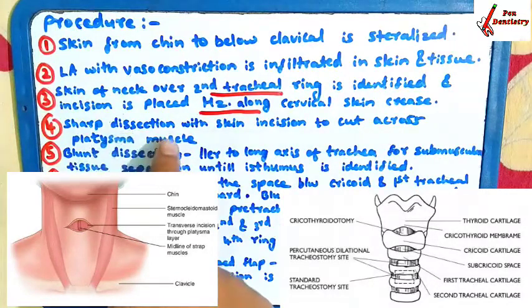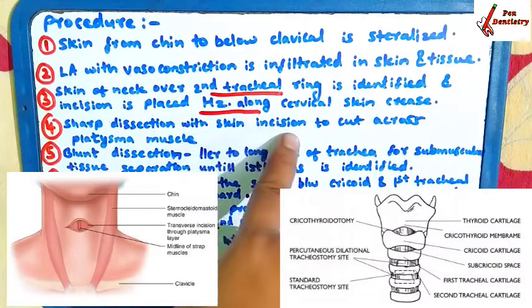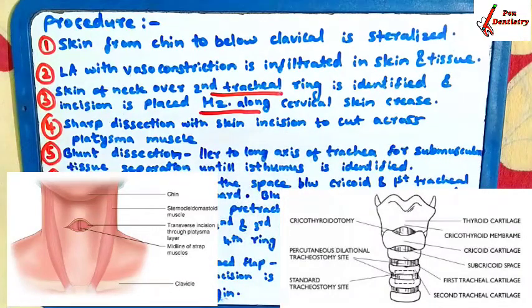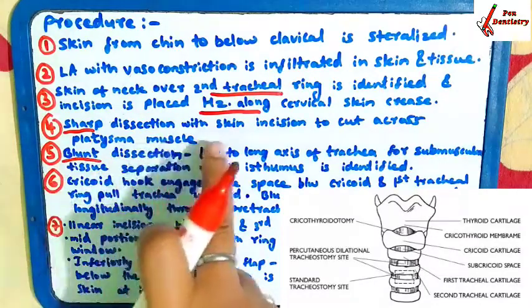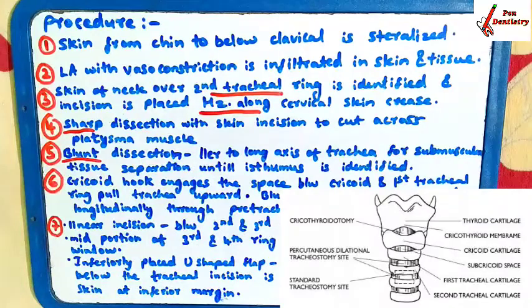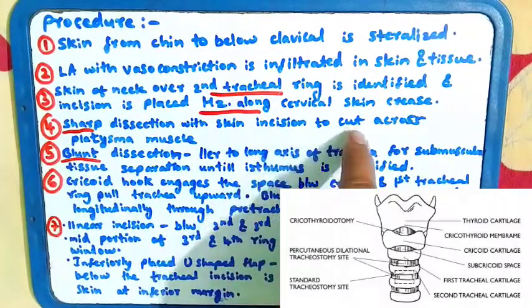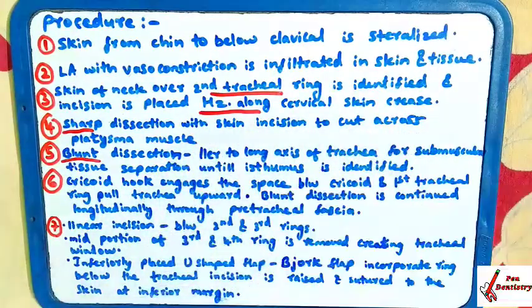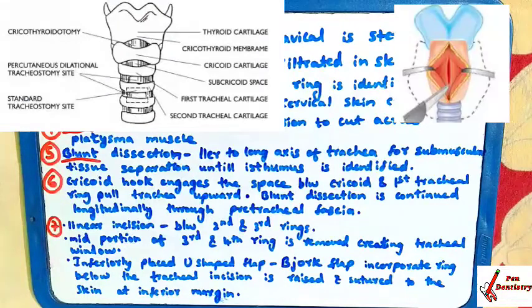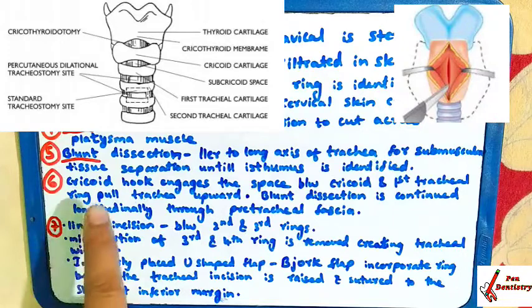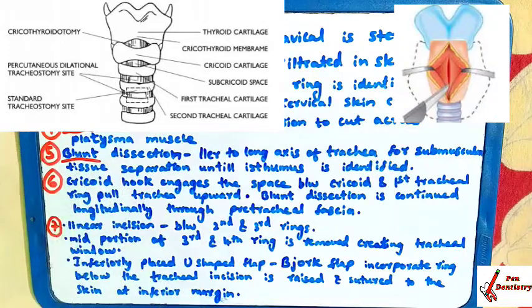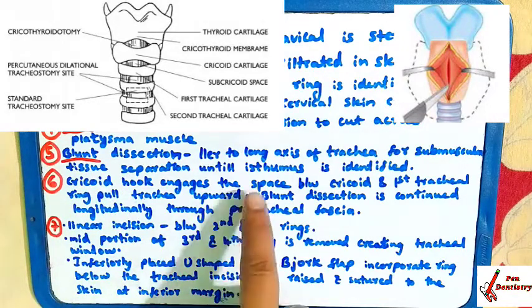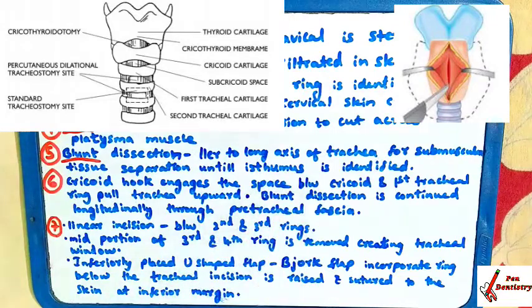Sharp dissection with skin incision is made. You are going to do the sharp dissection, and the second thing is the blunt. The sharp dissection will be done with the skin incision to cut the platysma muscle. The platysma muscle you are going to cut with sharp dissection, and then you are going to do the blunt dissection, that is parallel to the long axis of the trachea.